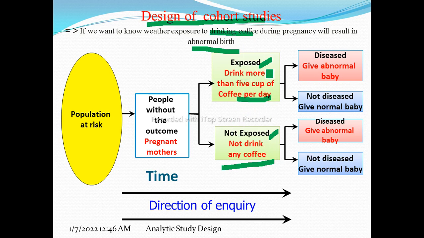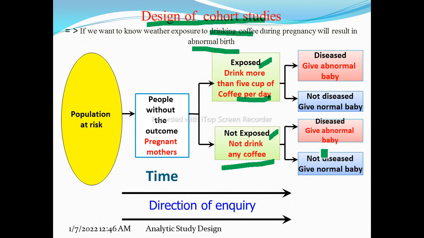So exposed individuals will be compared for diseased and not diseased. How many of the exposed individuals will give birth to an abnormal baby? How many of the exposed individuals will give birth to a normal baby? That means not diseased. And also among those who are not drinking coffee, individuals are compared for diseased and not diseased.